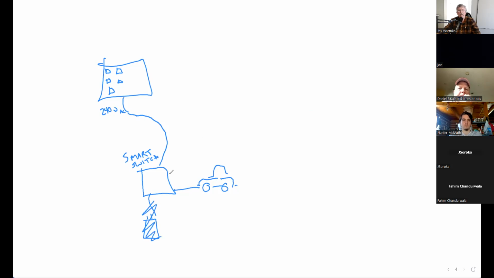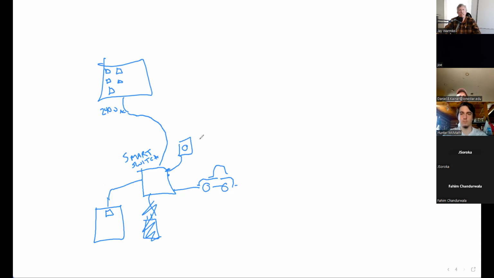And then from this, it connects through the grid. The grid connects into this. And then from this switch, it goes into my service panel. So in this case, I don't have any critical load panel at all. It's a whole house system.